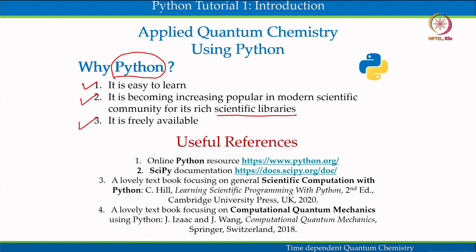The first thing is one can navigate this website for Python programming, and there are a lot of syntax, arguments, methods, functionalities discussed in this website, and there is a SciPy documentation.